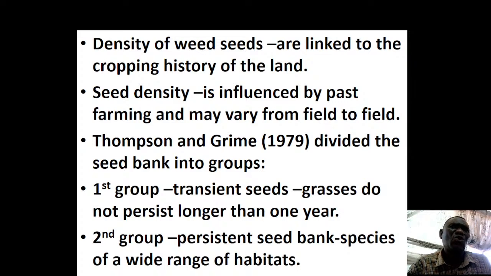The second group is what is typical of the cropping fields, the persistent seed bank, where you have species of a wide range of habitats. These are the weeds in agricultural fields.